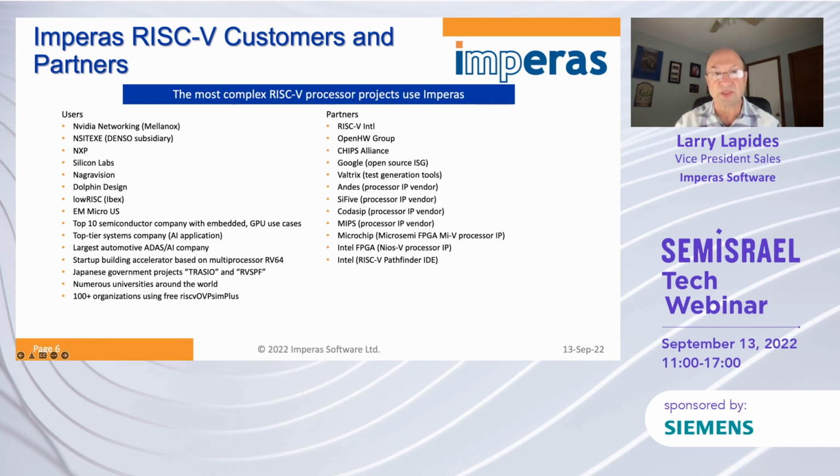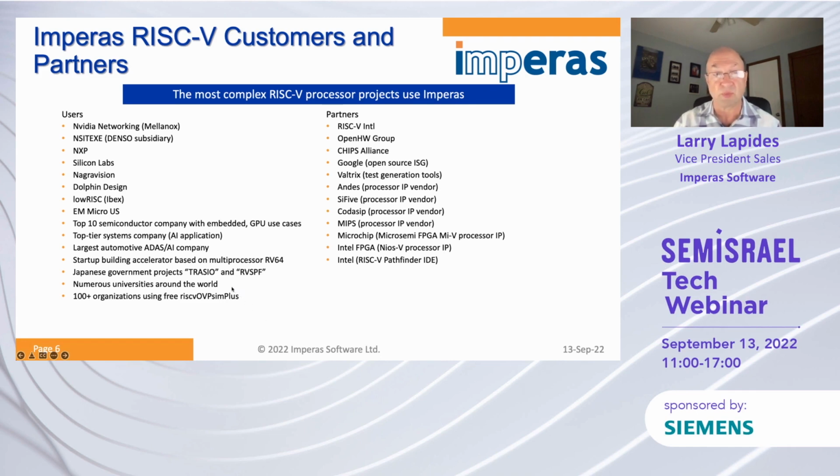We have a long list of customers and partners on the customer or user side. These include NVIDIA Networking or Mellanox, NSITEXE, a Denso subsidiary, NXP, Silicon Labs, Nagravision, and down the list. But maybe most interesting are these last two.